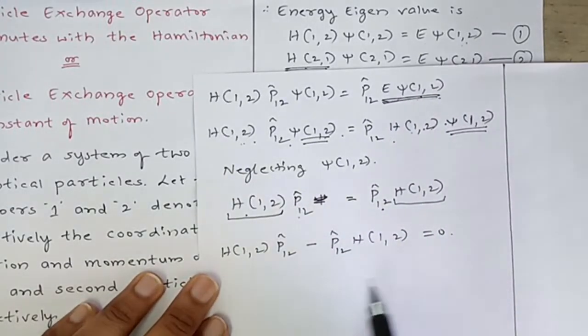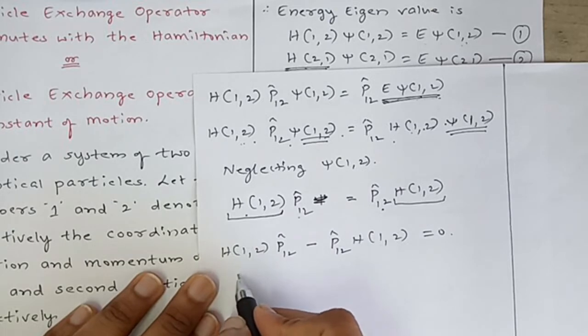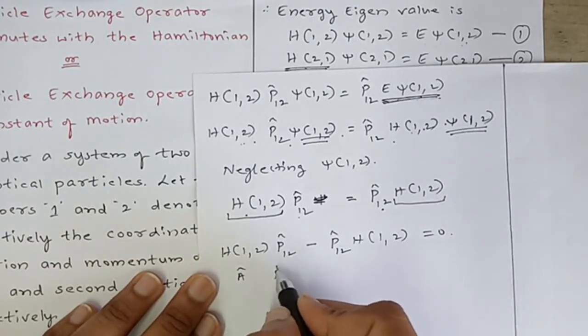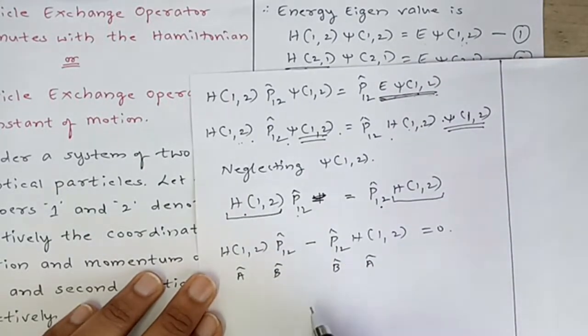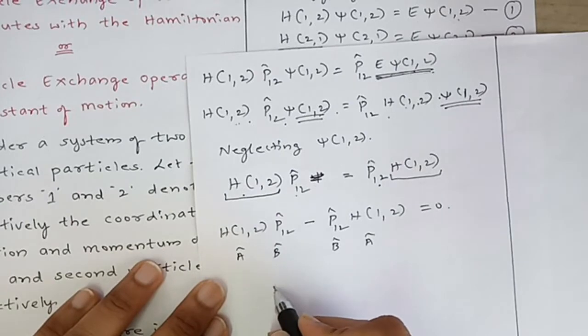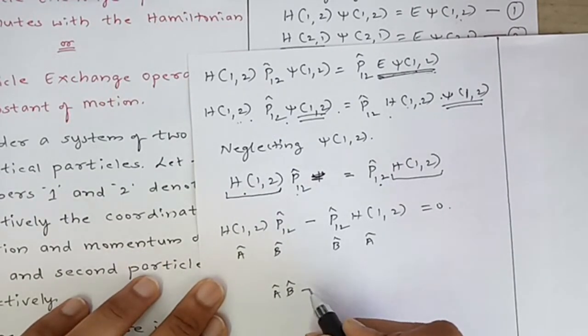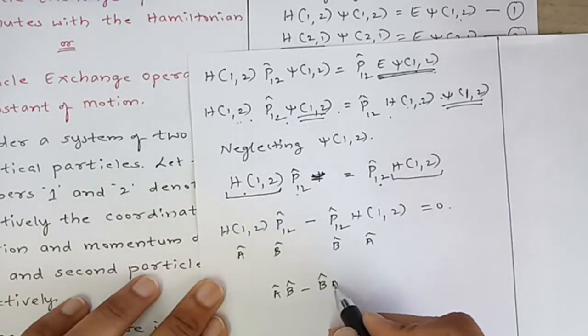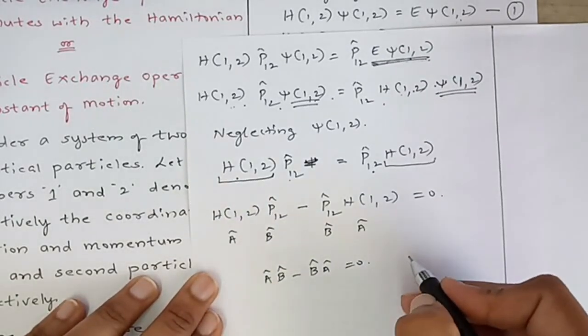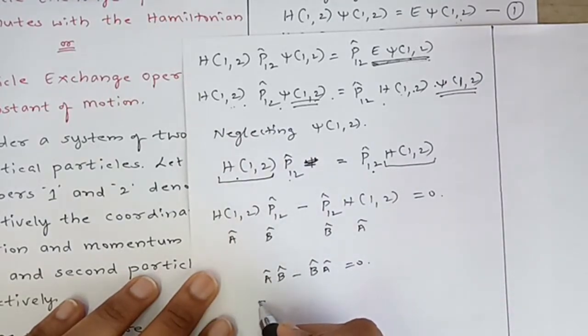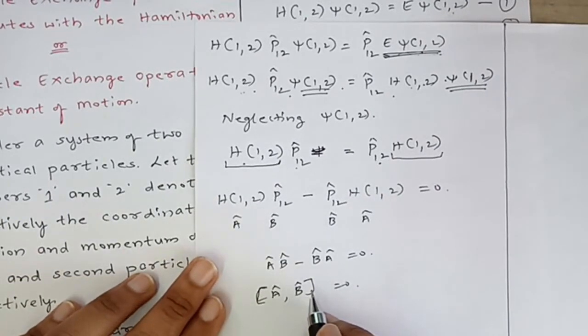Now let us call this operator A and this operator B. So this is operator B and this is operator A. What we have here is AB minus BA equal to 0. This can also be written as the commutator of operator A and operator B equal to 0. This is the basic commutator algebra.